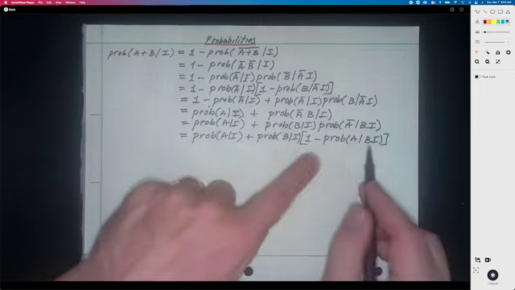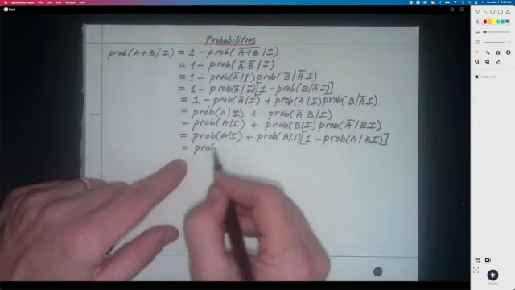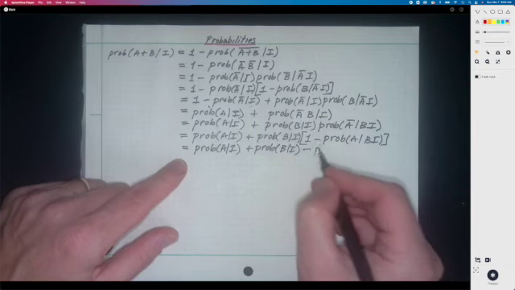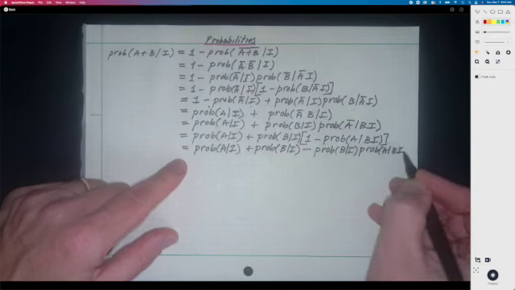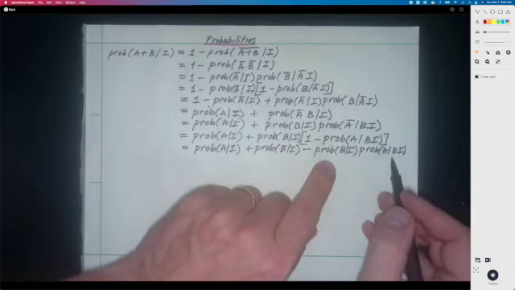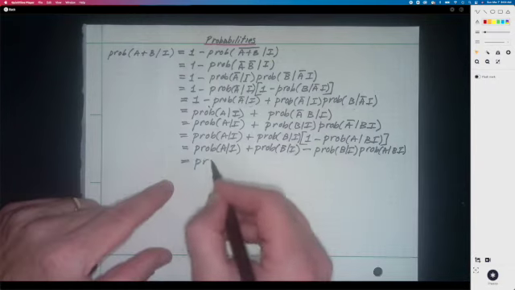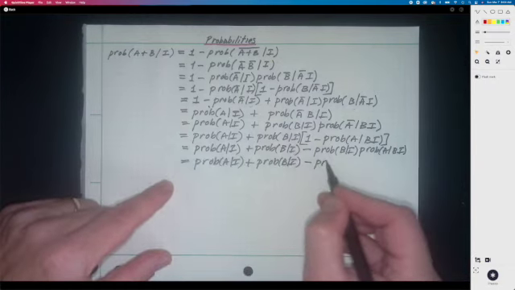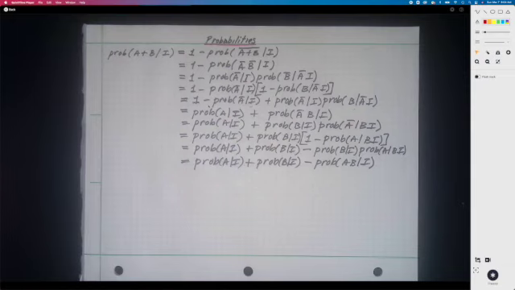And again, we're going to distribute this one inside. And now we're going to combine the last term using the product rule. And this is the result that I wanted to get.